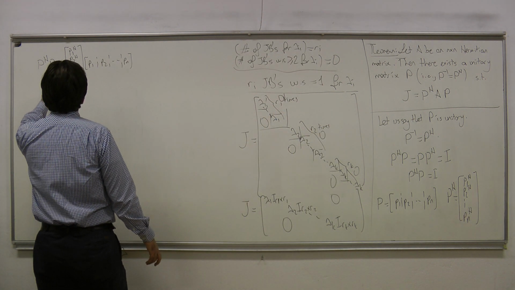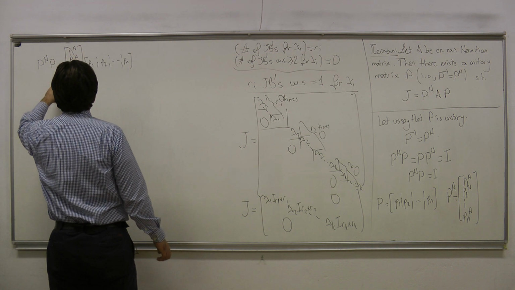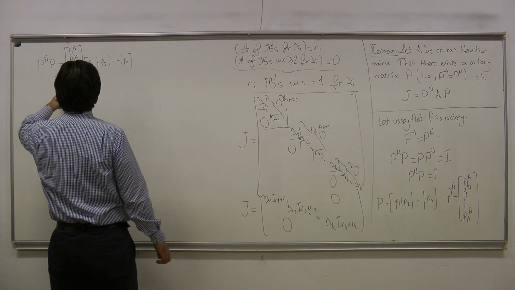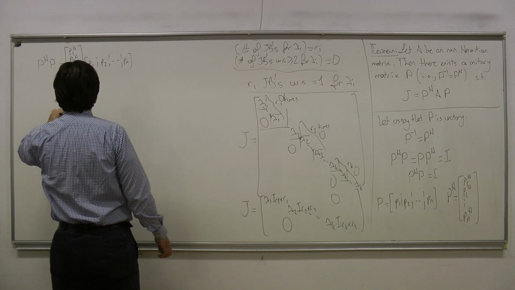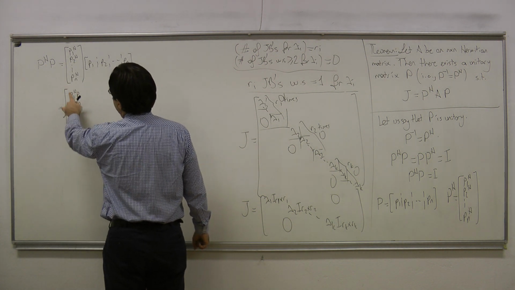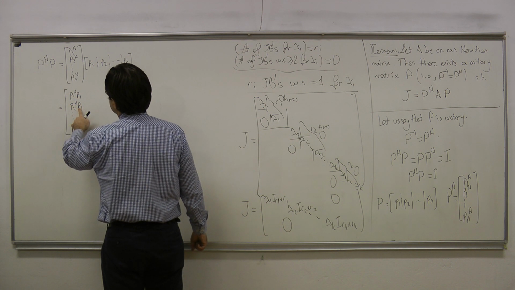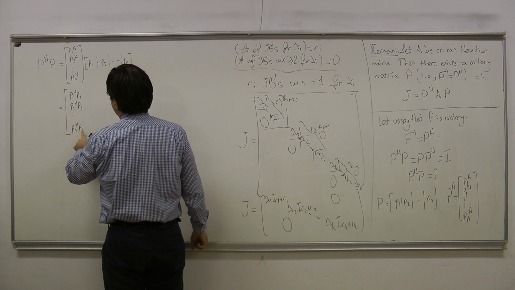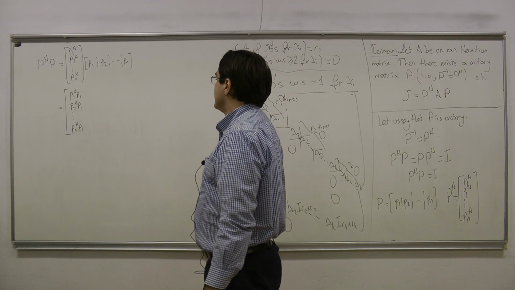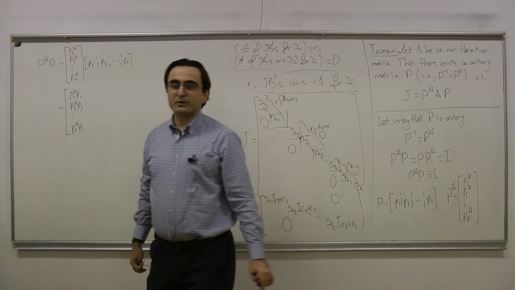The first column of the multiplication would be P1 Hermitian P1, then P2 Hermitian P1, and I can continue to Pn Hermitian P1. These are now L2 inner products of P1 with itself, P1 with P2, and P1 with Pn. These are scalars, and this is the first column of the multiplication.